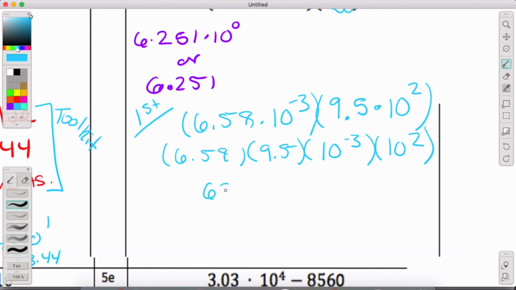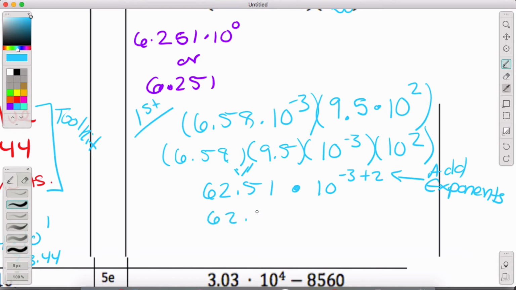So 62.51, that's this right here, times, so instead of subtracting, what you're going to do here is do 10 negative 3 plus 2. So you add your exponents, okay? And in doing so, you end up with 62.51 times 10 to the negative 1 power.